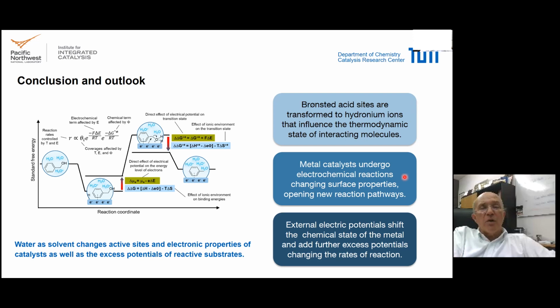I've shown you how metal catalysts undergo electrochemical reactions that change their surface properties and open new reaction pathways. And I have shown you at the end that we can additionally take electric potentials and shift that chemical state of the metal even further and add another layer of excess potentials to drive chemical reactions and to change rates of reactions along a particular pathway.